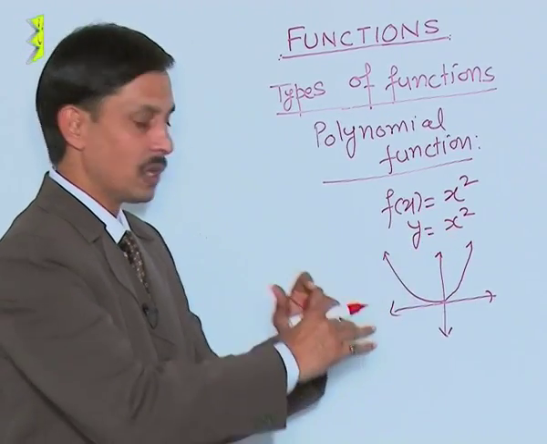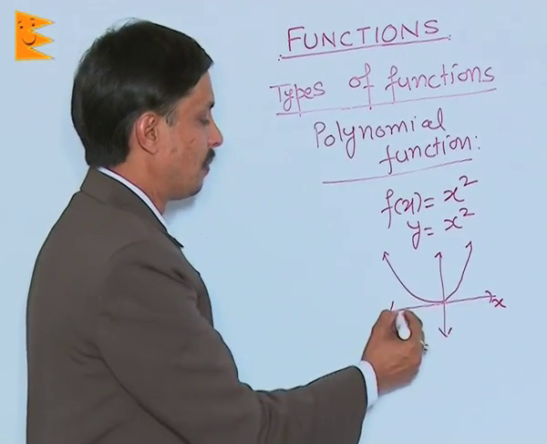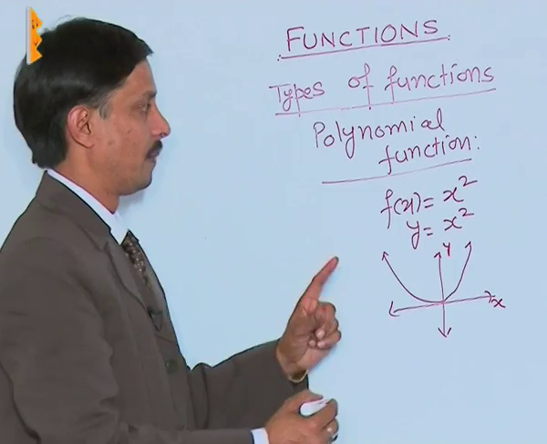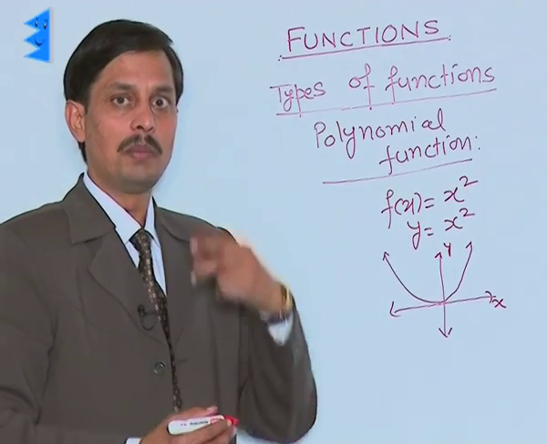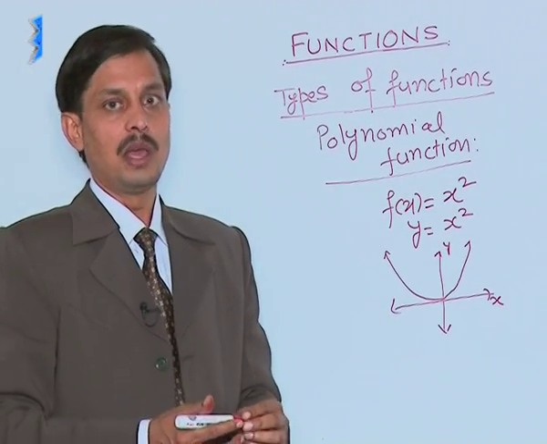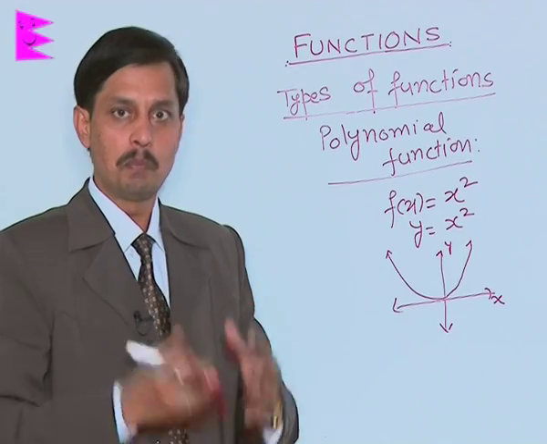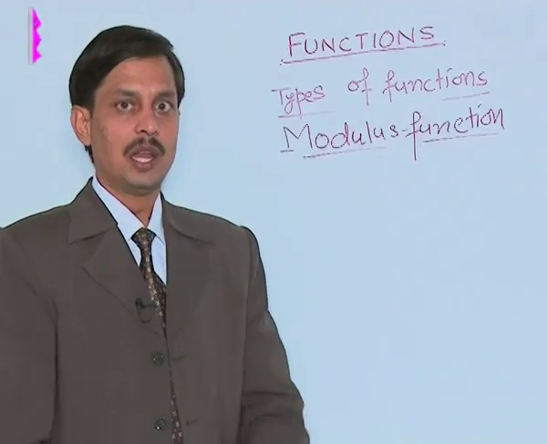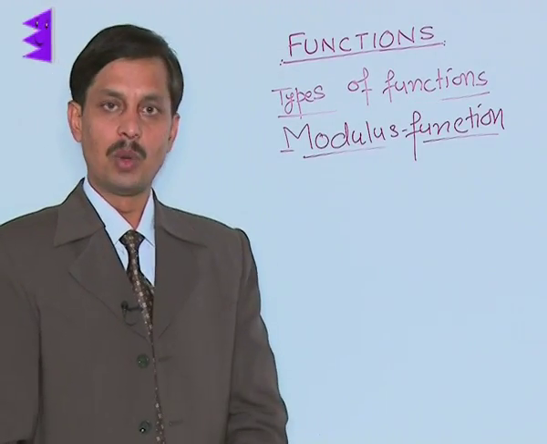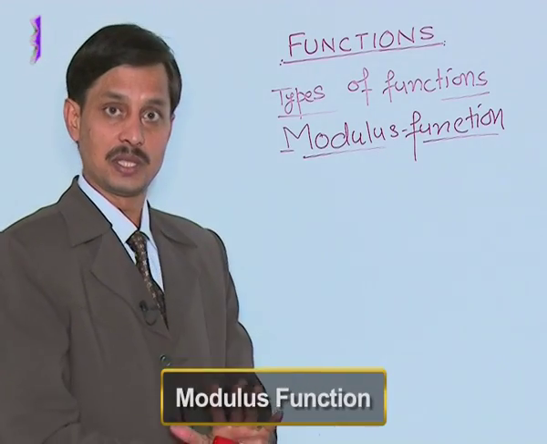It is x square, so it expands on both sides of x, positive as well as negative. So any polynomial when considered for drawing the graph, that type of function is known as a polynomial function. Now the next type of function I would like to explain is the modulus function.